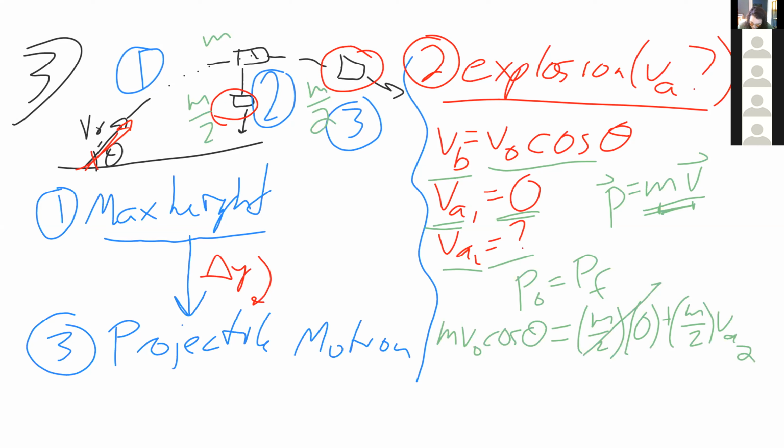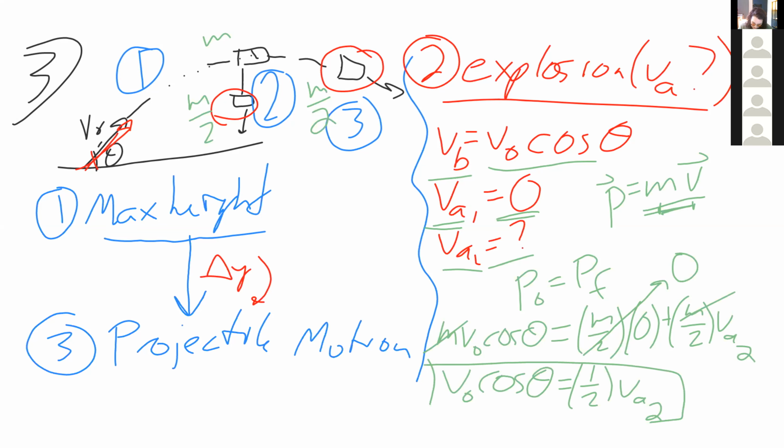All right, so the first term on the right-hand side, as I mentioned, goes to 0. We could cancel out a mass as well from these two terms, and we have v initial cosine theta is equal to 1/2 times velocity after for the second particle.